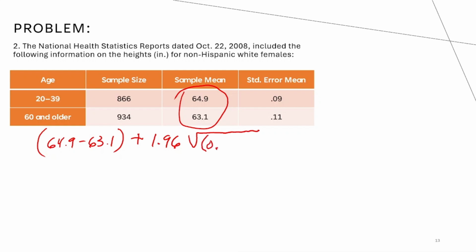So we have 0.9, and that's coming from that last column, the top value. We're squaring that plus, so this is pretty much just a distance formula.